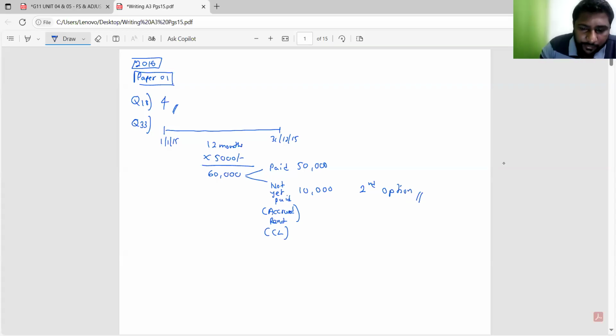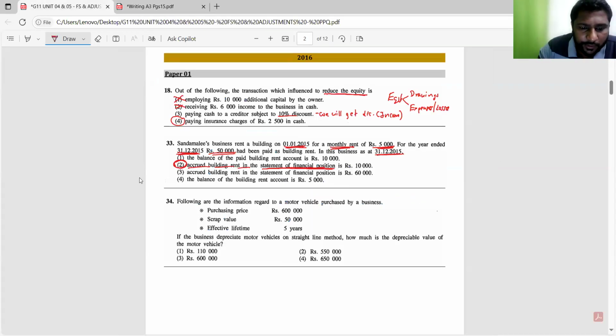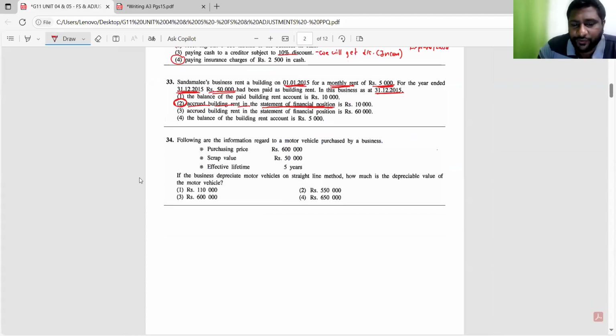Okay. Now let's move to the next one, question 34. Following is information regarding a motor vehicle purchased by the company. Purchase price 600,000.